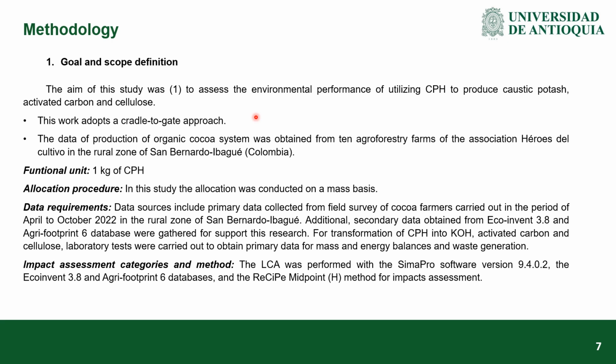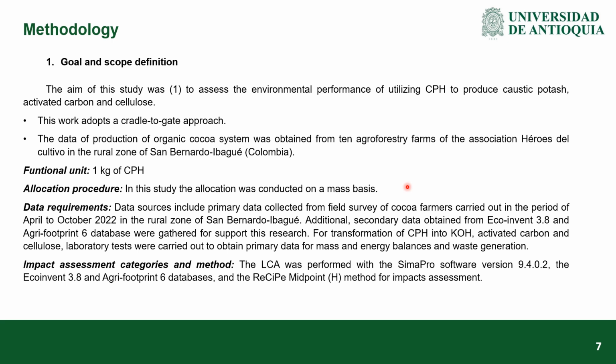The data of production of organic cocoa system was obtained from 10 agroforestry farms of the Asociación Héroes del Cultivo in the rural zone of San Bernardo, Ibagué. The functional unit was 1 kg of CPH. The allocation procedure was on a mass basis.